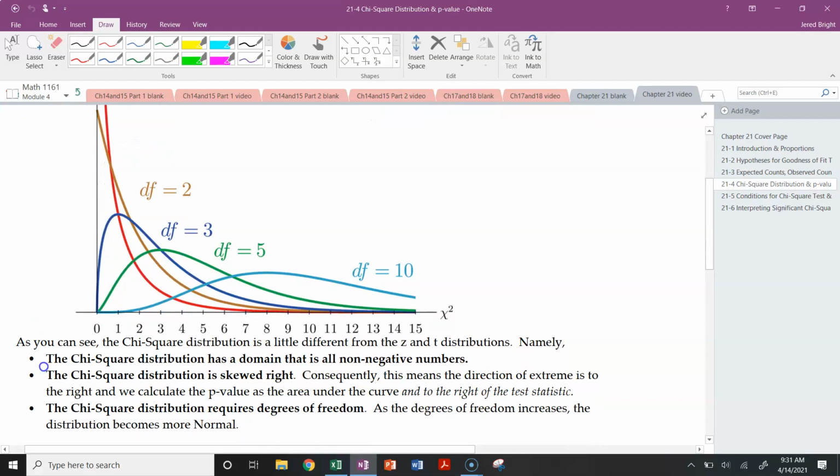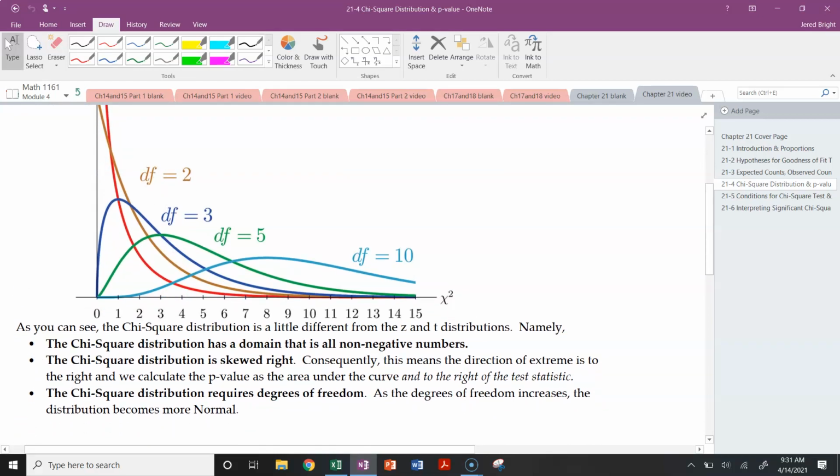When we talk about a chi-square distribution, it does have a few different properties. First thing I want to point out is if you look at the domain, or the horizontal axis, the domain is all positive numbers.